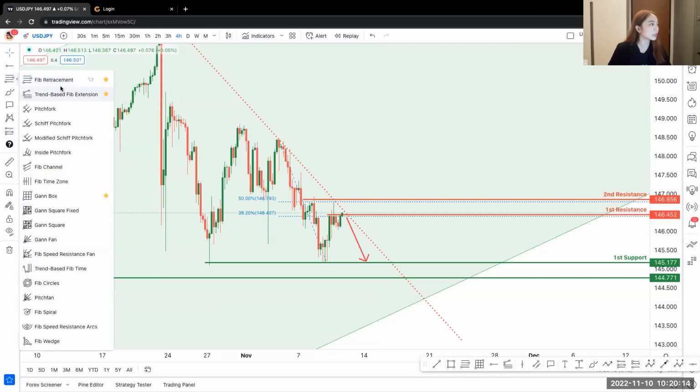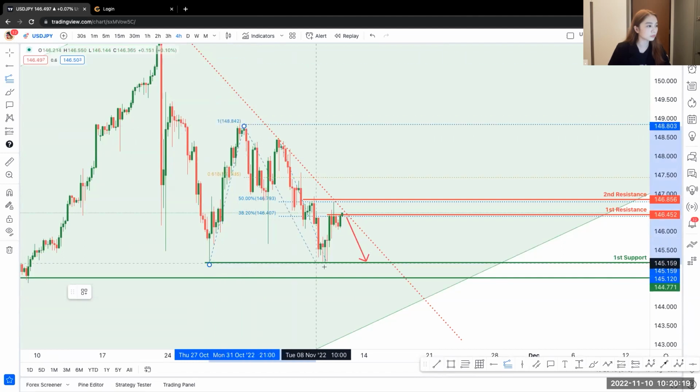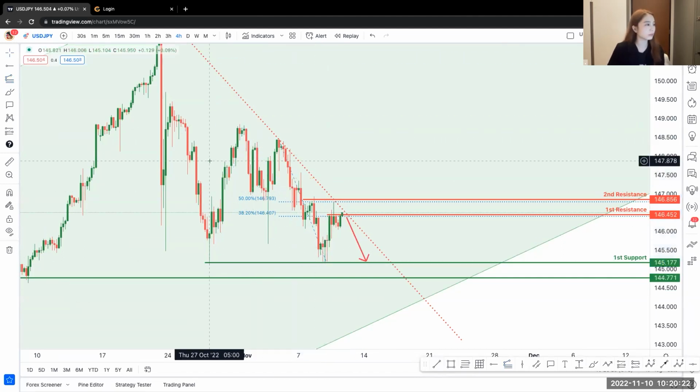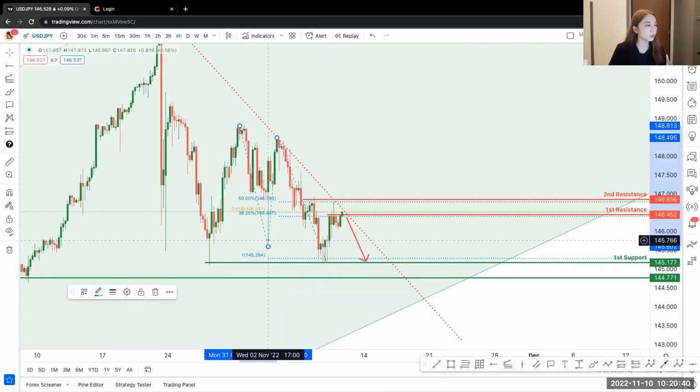And then let's use our Fibonacci projection. So we wanted to draw another one. Okay, so you can see that in this case of Fibonacci projection, it reached the 100% Fibonacci projection at our first support and then made a bounce up to the first resistance.